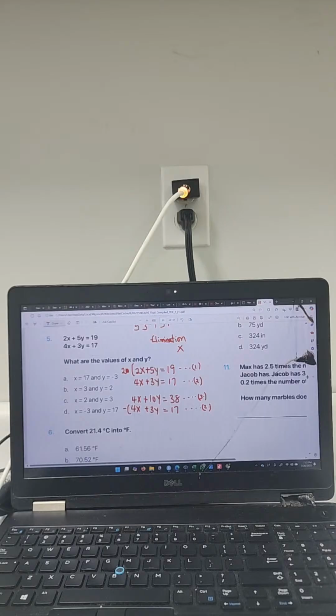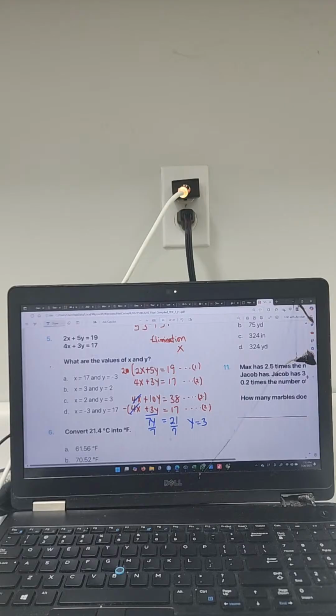So to do that, here we have 4x minus 4x is going to cancel out. 10y minus 3y is going to be 7y. 38 minus 17, which is what? 21. So what do you do next? You divide by the coefficient of y, which is divided by 7 divided by 7. So here y equals to 3.